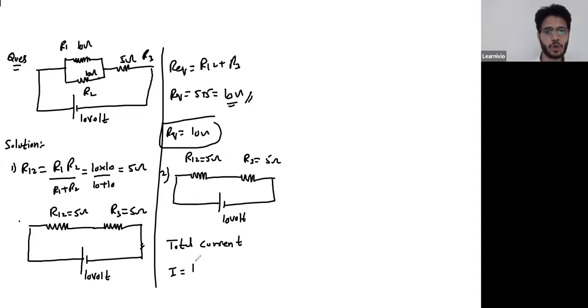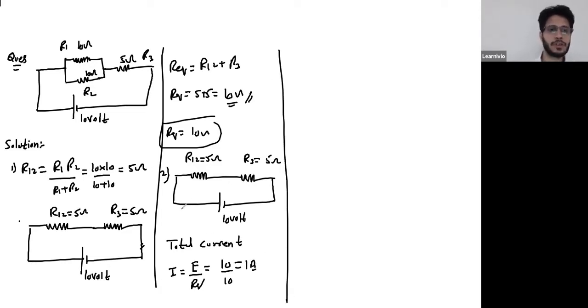Total current is total EMF by equivalent resistance. Total EMF is 10, equivalent resistance is 10, so current comes out to be 1 amp. So both I12 and I3 will be equal to 1 amp.